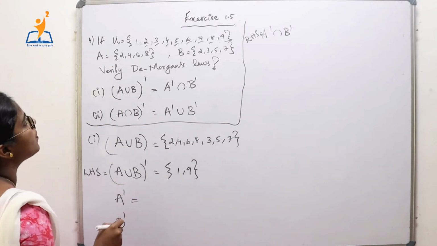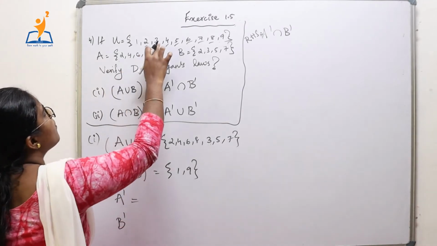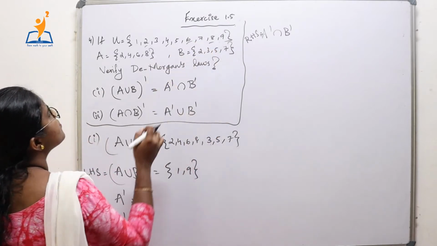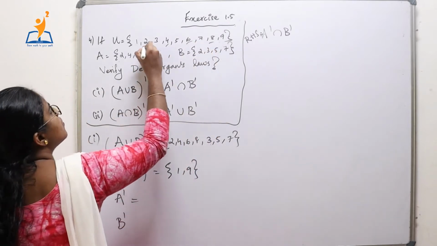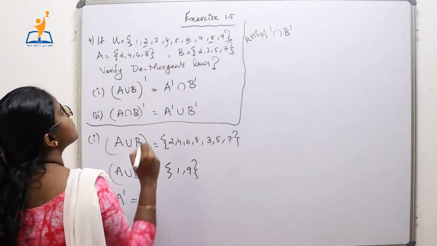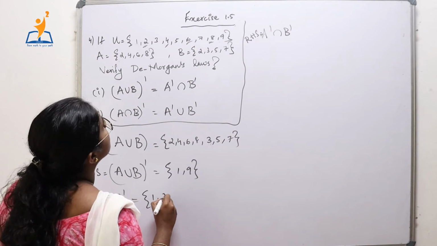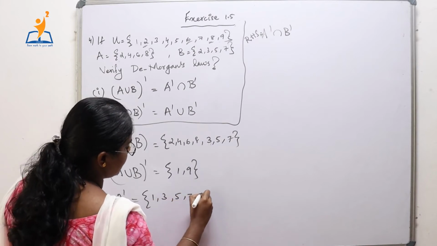Now what is A complement? Delete the elements of A, that is 2, 4, 6 and 8, from the universal set, and what is remaining is 1, 3, 5, 7, 9.